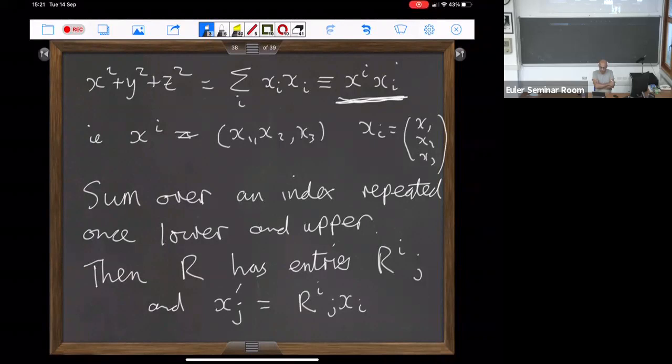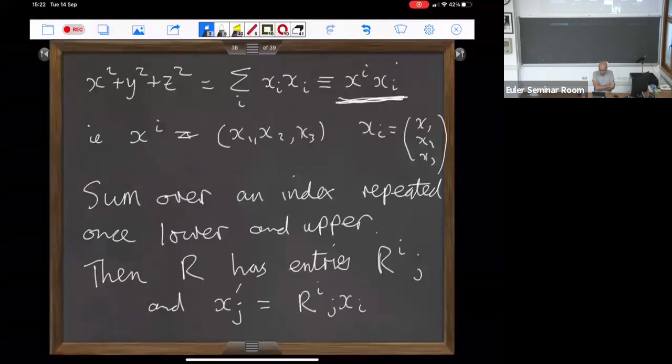So this is Einstein's summation convention, which allows you to simplify formulae. Okay, so it's just a definition. And the reason that we have to have one upper i and one lower i is that you can think of this as the dot product between a row vector, x upper i, and a column vector, x lower i.